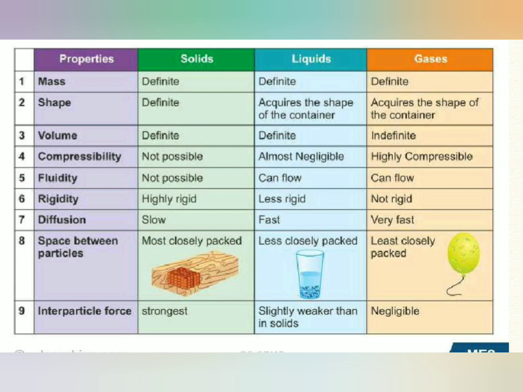In solid the particles are closely packed, in liquid they are less closely packed, and in gas they are least closely packed. Ninth and last property, interparticle force. Solid has the strongest interparticle force, liquid is slightly weaker than solid, and there is no force between gas molecules, so there is negligible interparticle force.